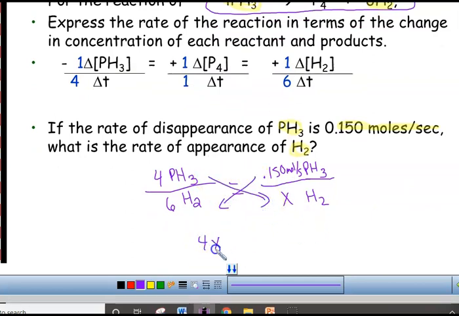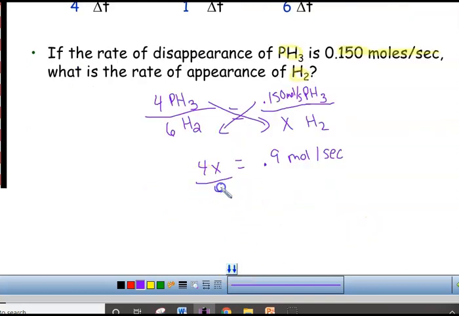And so you would get 4x equals 0.9 mole per second divided by 4. And you're still going to get 0.225 moles per second. Now let's decide if it's going to be positive or negative.